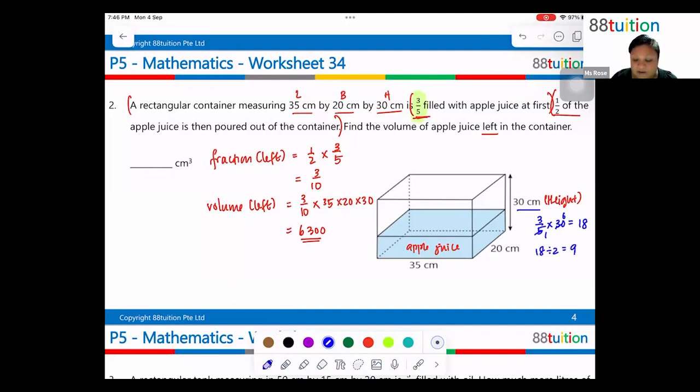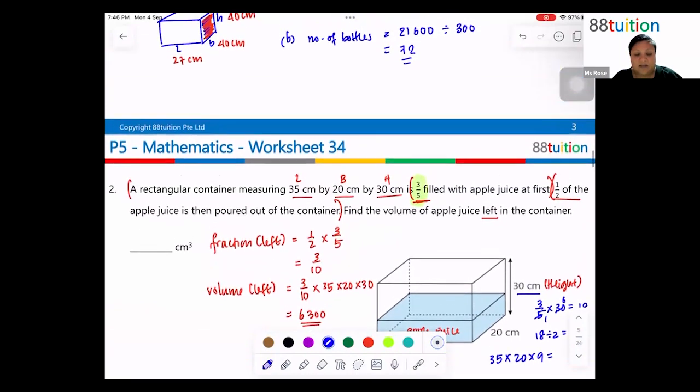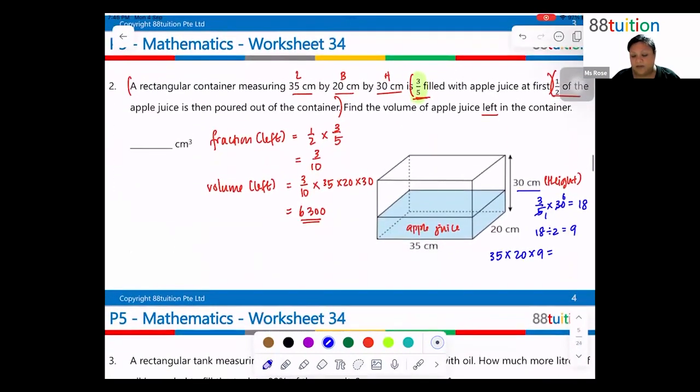So what's left in the container is 35 times 20 times 9. Okay, 35 times 20 times 9. This would also give me 6,300. So there are many ways to do this as long as you're comfortable to solve this type of question.